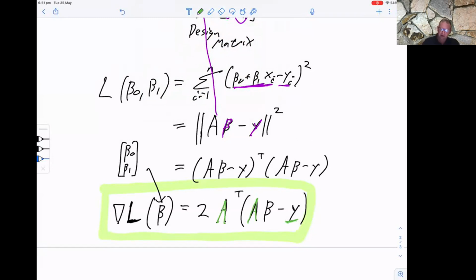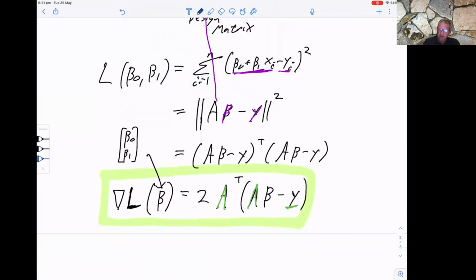Now we like this because then if we're doing gradient descent, and by the way, this is true not just for simple linear regression with just 2 betas. It's also true if we have 784 betas, or if we were to do that for the digits that we're looking at.